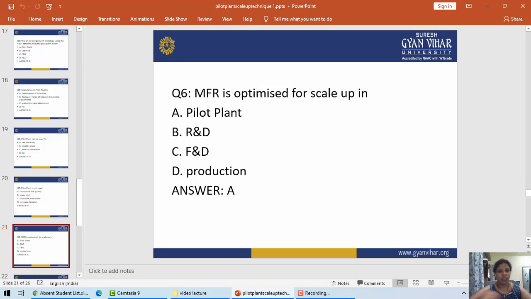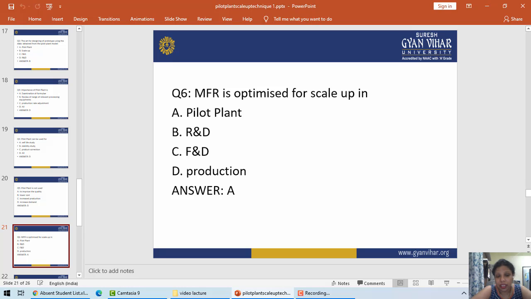MFR is optimized for scale up in. So you have to think, MFR is optimized in which step, in which step is the MFR used? Just think.